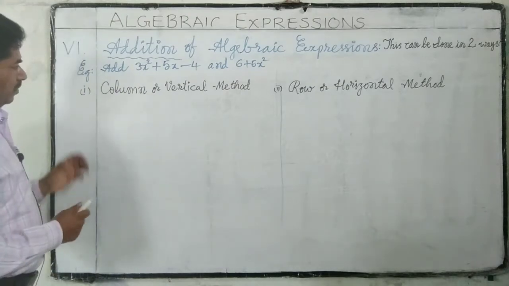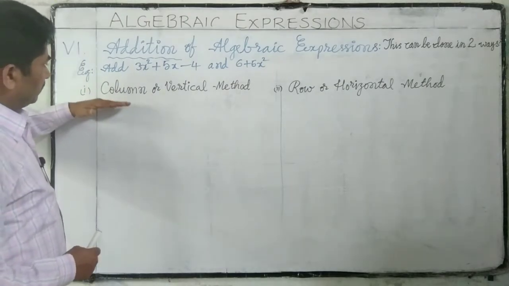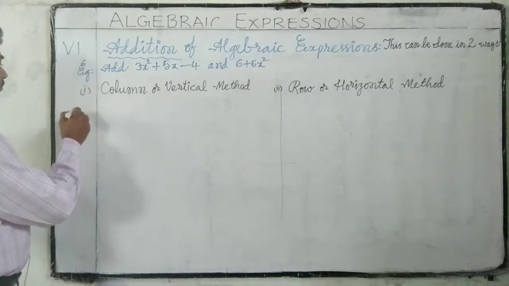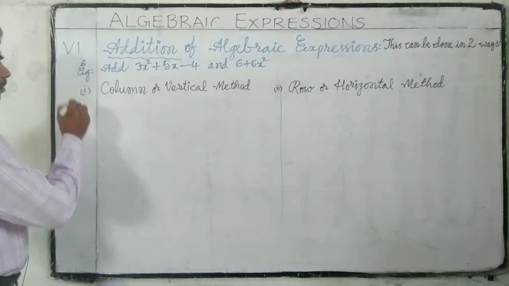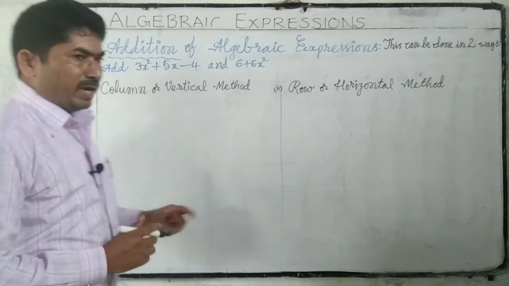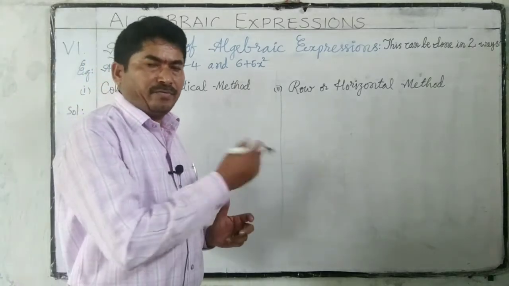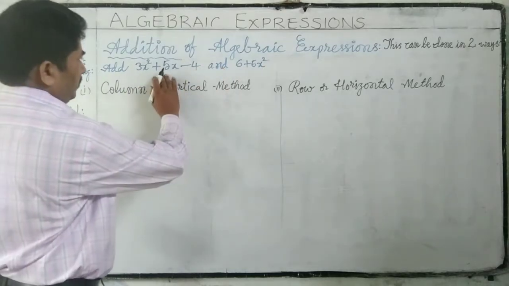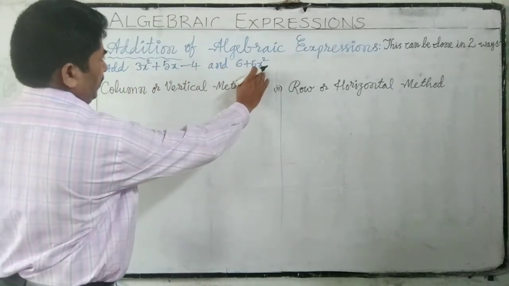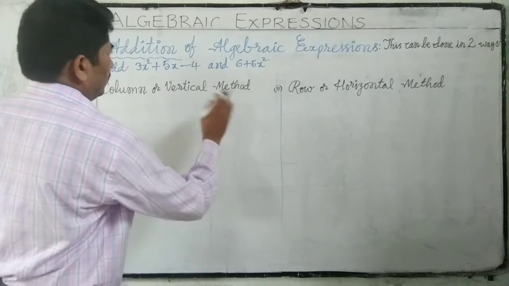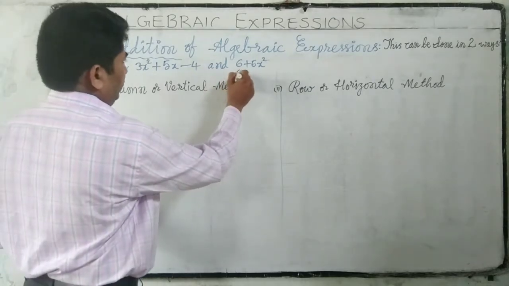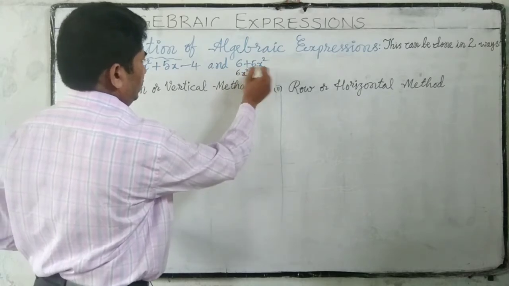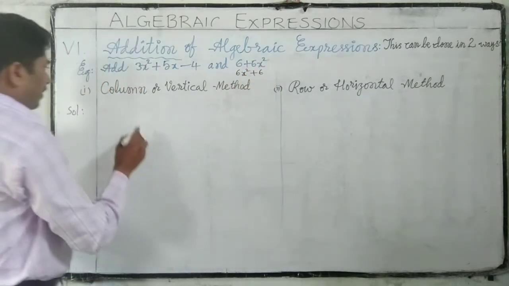First, let us solve this using the column or vertical method. First, we have to write this in standard form if necessary. This is in standard form already, but this is not in standard form. 6x square plus 6 is the standard form for this.